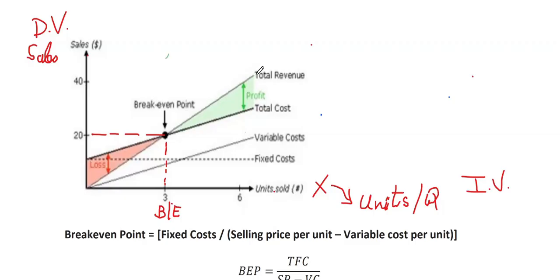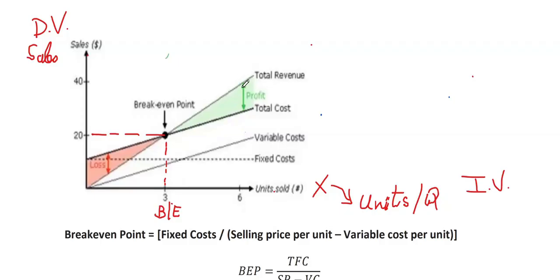Now, the distance of the total revenue line above the total cost line represents what? Profit. So that you see, look at this right here. The distance of the total revenue line above the total cost line at different levels of production represents profit. When 6 units are produced, this will be the profit.